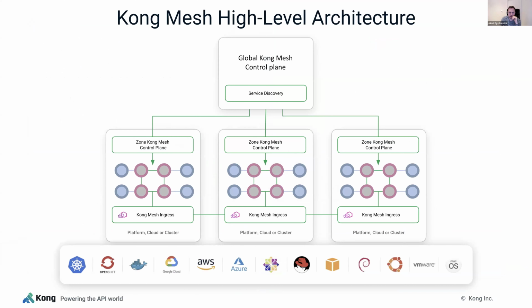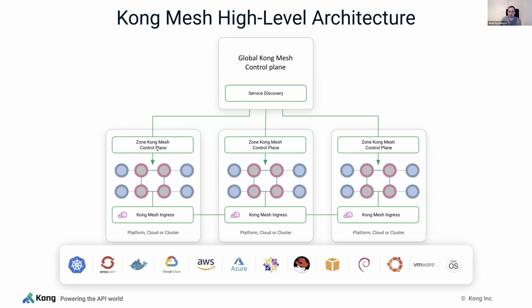But for simplicity, let's assume that it's a Kubernetes cluster. In every Kubernetes cluster, we have services, and we inject the Envoy proxy next to every service for intercepting traffic. Then we have a zone Kong Mesh control plane. The zone control plane is responsible for configuring those proxies.